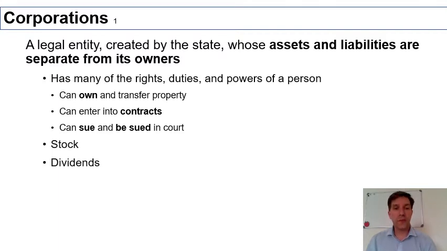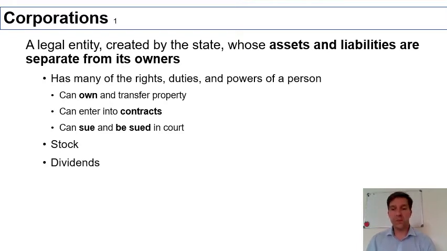So there's going to be, for example, land, machinery, and maybe other types of assets like brands or maybe patents that are owned by the corporation itself. Okay, and the corporation can also transfer property, so it can buy and sell things. Okay, the corporation itself can enter into contracts.